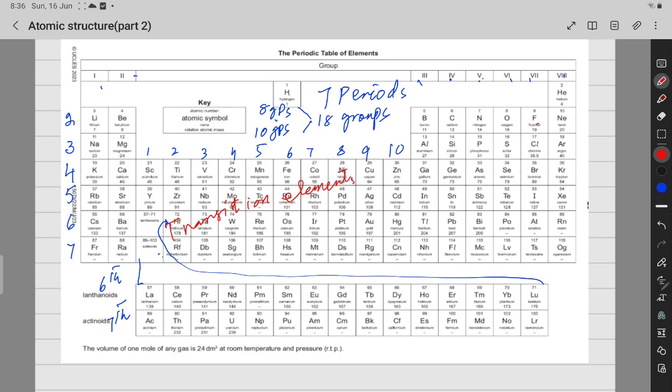And you know that elements are arranged in groups and periods.